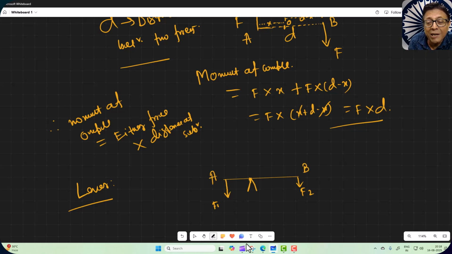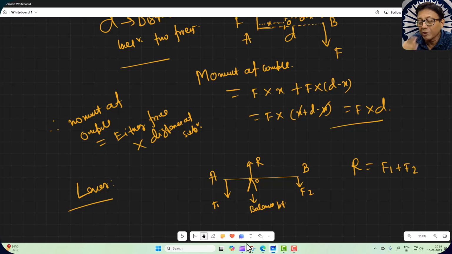Then if this O is the balance point, the upward reaction will be equal to the force acting downward. R equal to F1 plus F2.